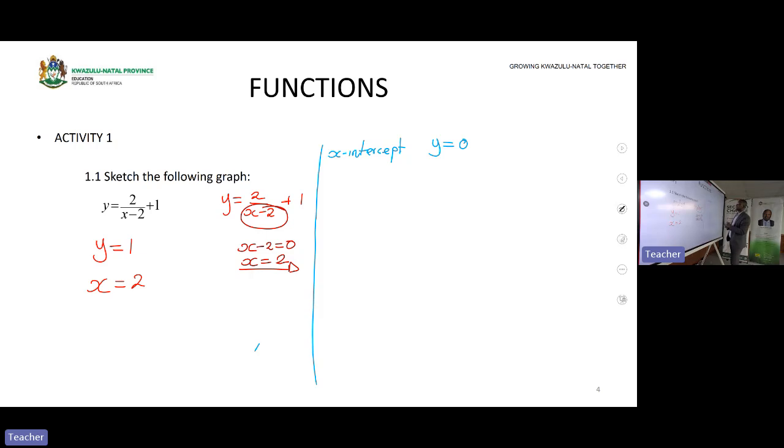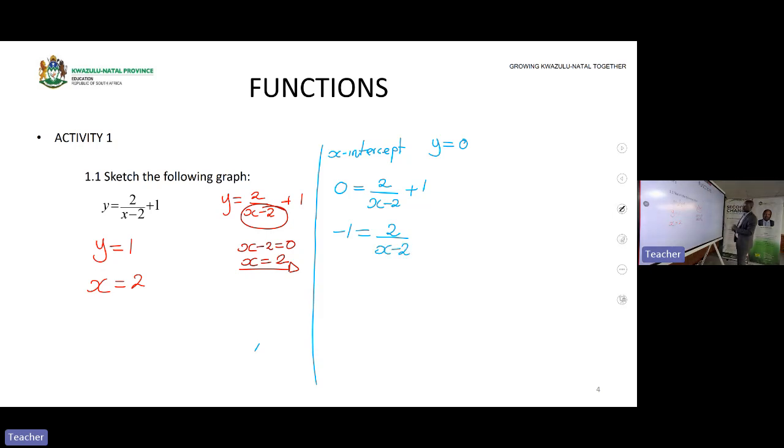So as we are calculating our x-intercept, we go to our equation. Where there is y, we substitute 0. We say 0 equals 2 over x minus 2, plus 1. We then have to solve for x so that we get the x-intercept. We transpose the 1 to this side, and it's going to be -1 equals 2 over x minus 2.